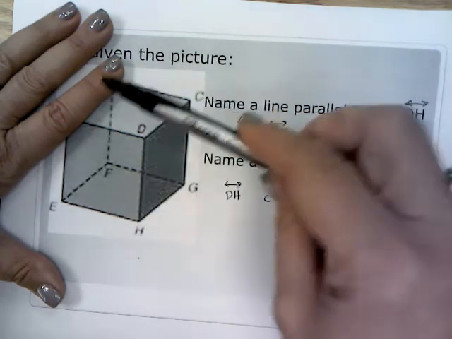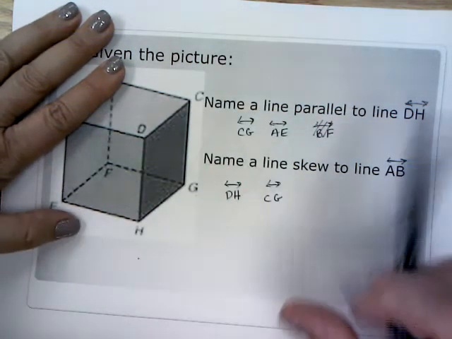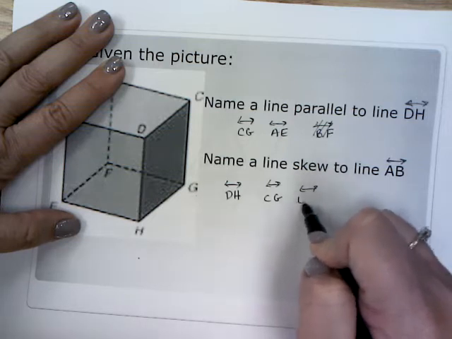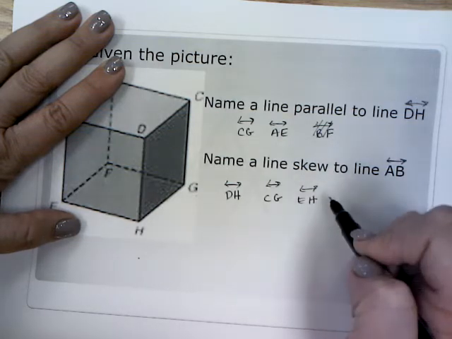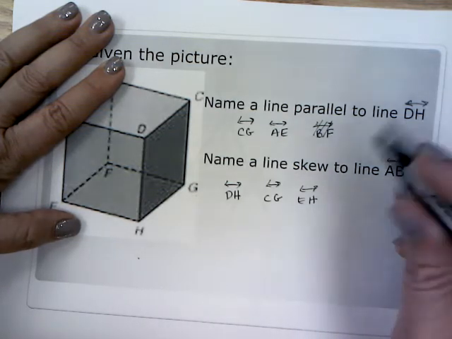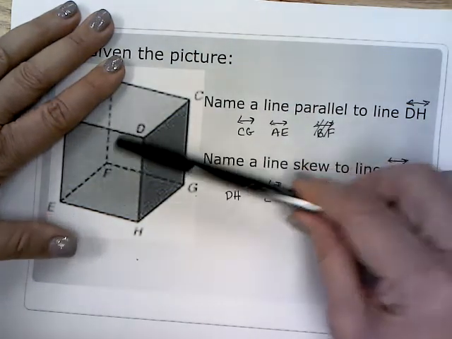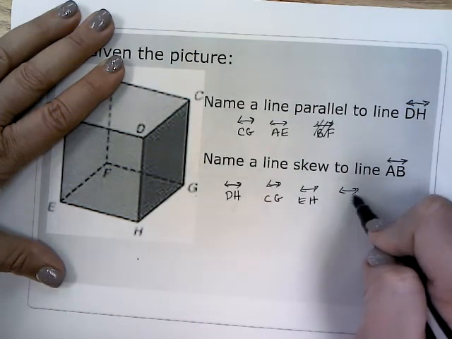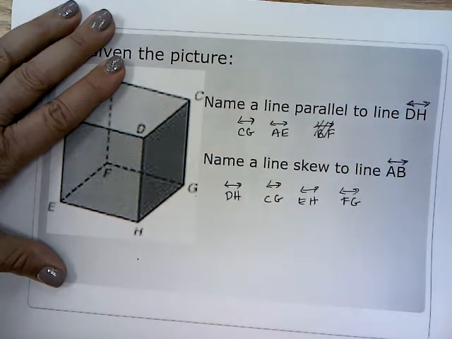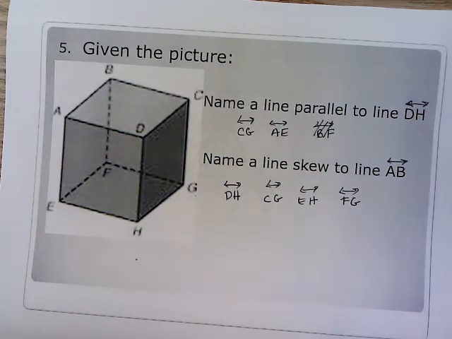He'd be parallel. He would cross. Down here, EH. Down here, FG. I think that's more than enough right at the moment.